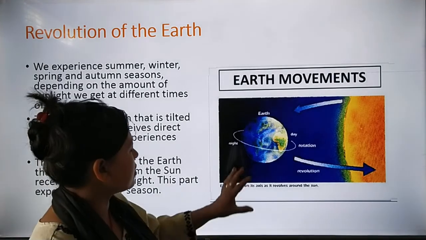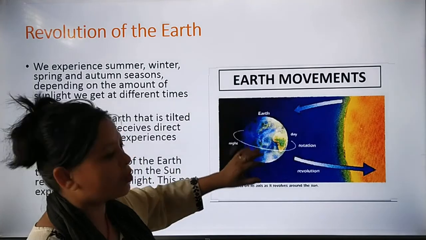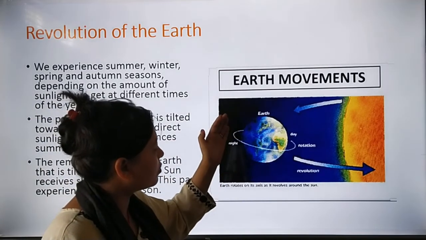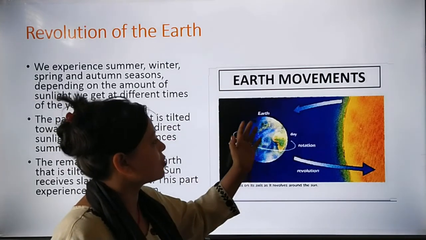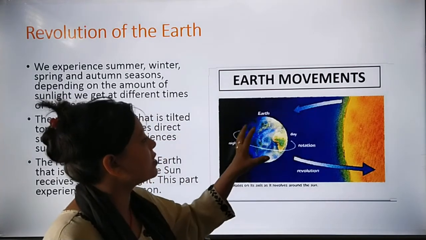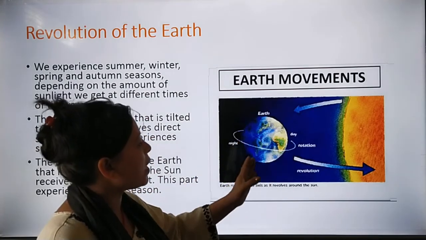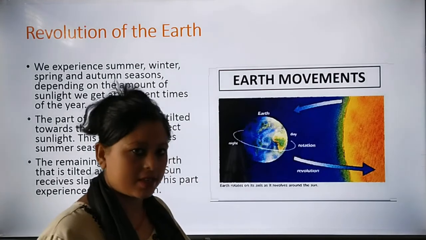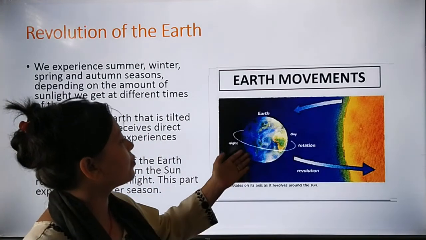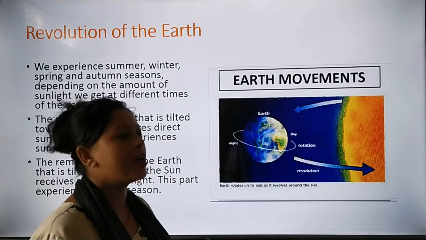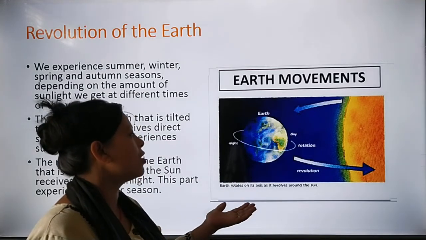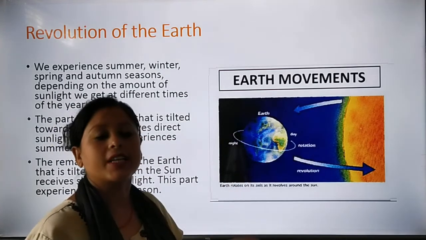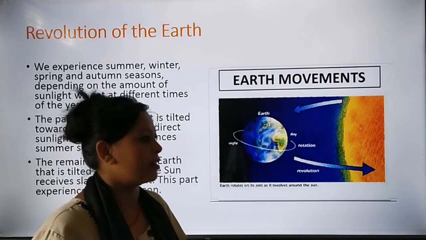Our earth is a little bit tilted towards the sun. The part of the earth that faces the sun, or is near the sun, experiences summer season, and the part of the earth that is far from the sun, or gets less sunlight, experiences winter season.